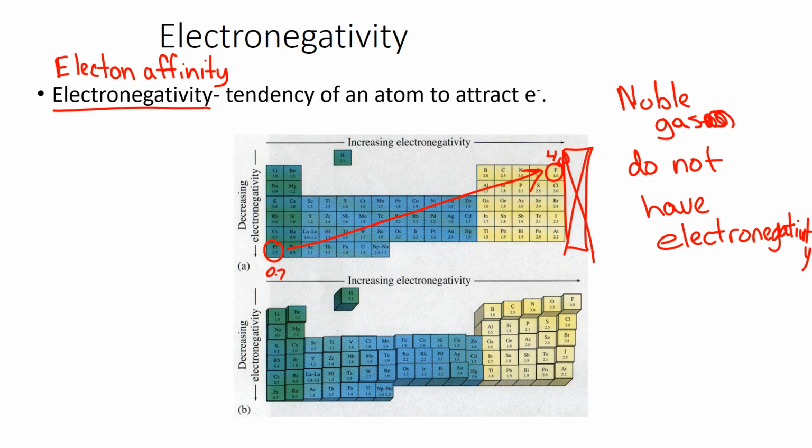All right. So look back at yesterday's trends. We talked about radius and we talked about ionization energy. Which one does this trend match? Ionization energy. So we're seeing an increase in this direction and an increase in this direction. So the overall trend increases that way.